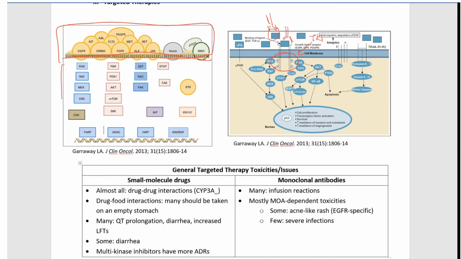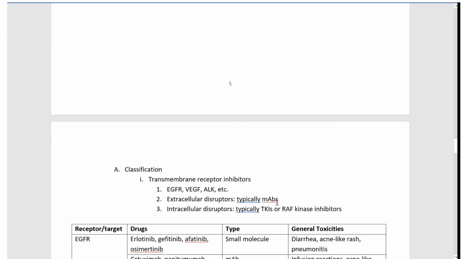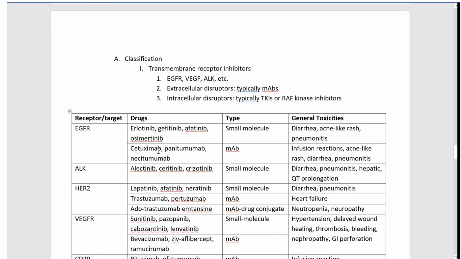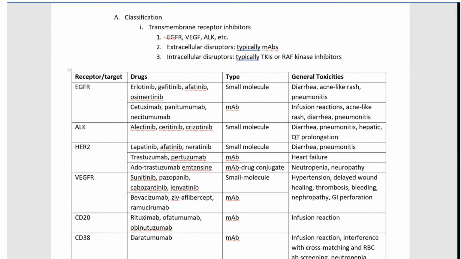And then we have those that would be on the intracellular side, so things that would target things like RAS, RAF, MEK, ERK, mTOR is another one, JAK-STAT, BTK, CDK, those sorts of products. So if we look at just the transmembrane receptors, really the big ones to remember at this point in time, EGFR is huge.